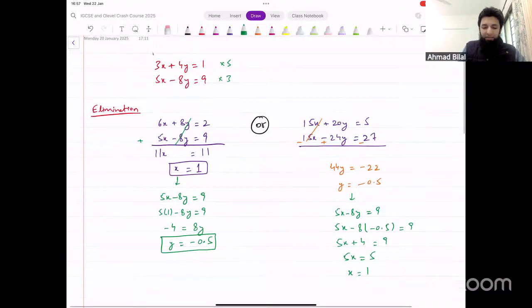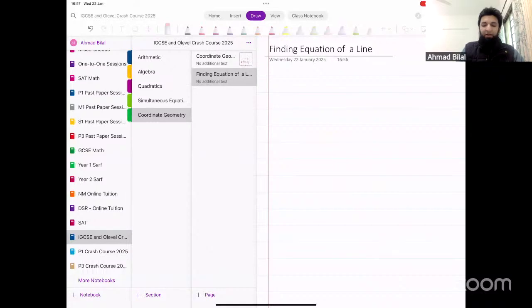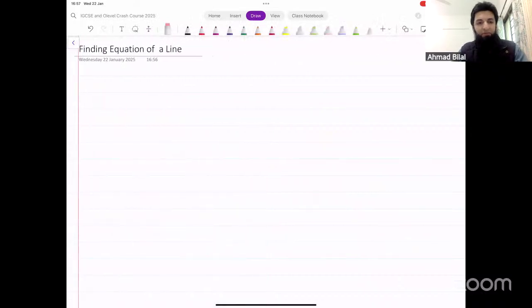Now, where exactly do these equations come from? We know how to solve them simultaneously, okay? But where exactly do these equations come from? 3x plus 4y equals 1, 5x minus 8y equals 9. What do they represent? How can you find the equation of a line given some information? That is what we want to talk about now.